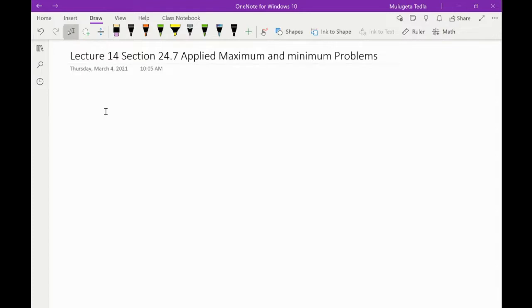So we have some procedures that we can follow to solve an applied maxima and minima problem. These problems are mostly called optimization problems, or maximum and minimum problems.